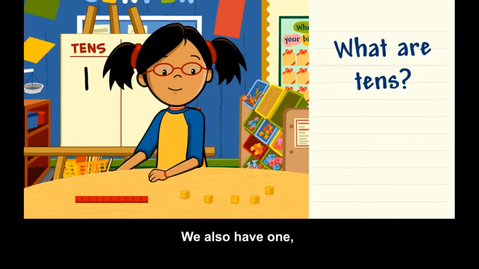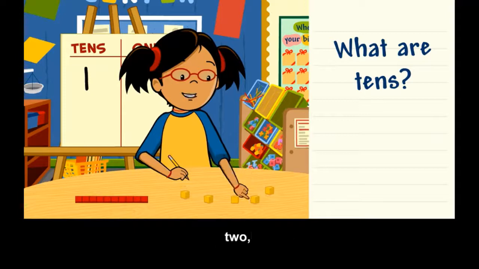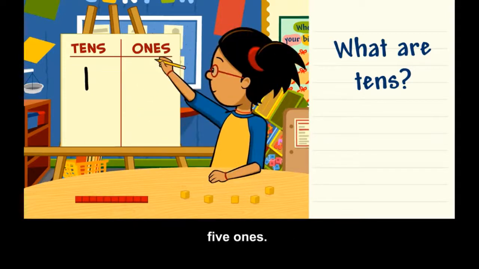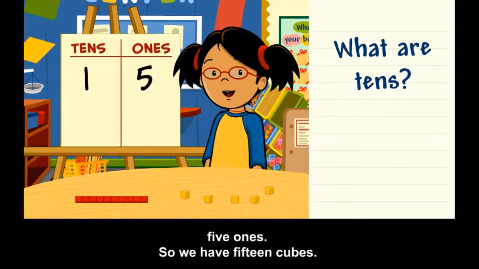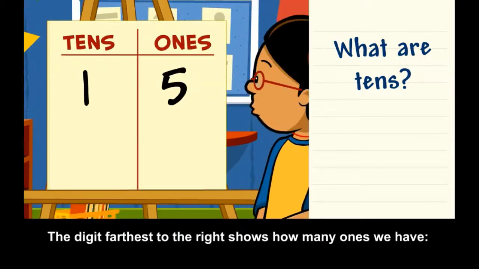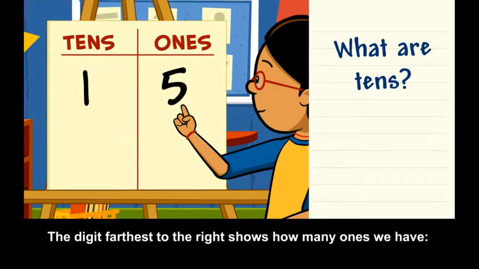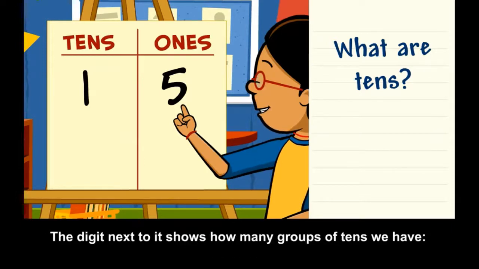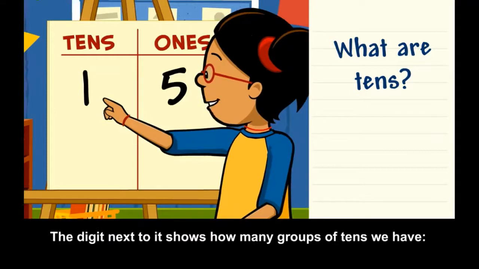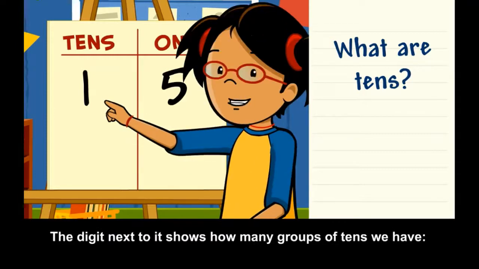We also have 1, 2, 3, 4, 5 ones. So we have 15 cubes. The digit farthest to the right shows how many ones we have, 5 ones. The digit next to it shows how many groups of tens we have, one group of 10.